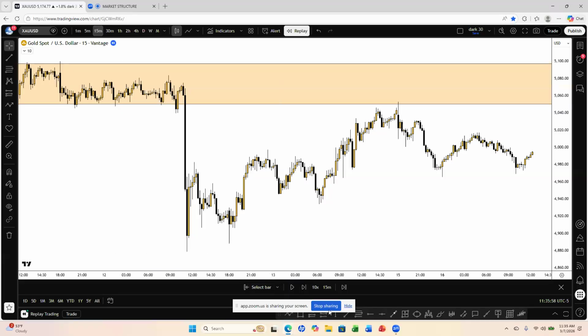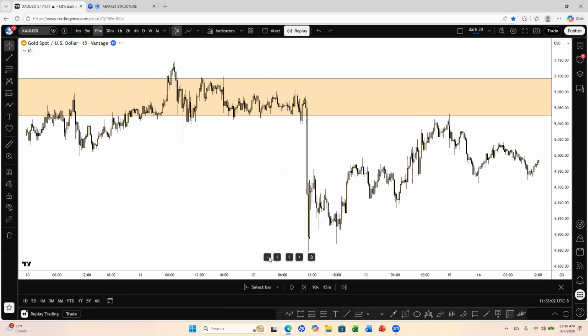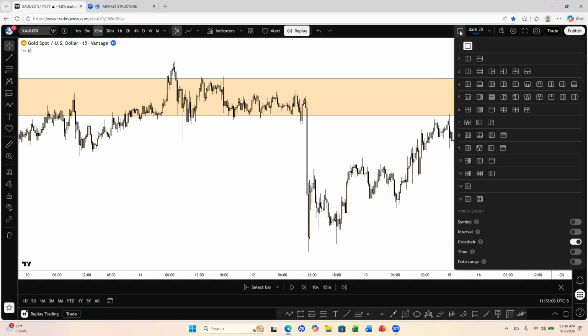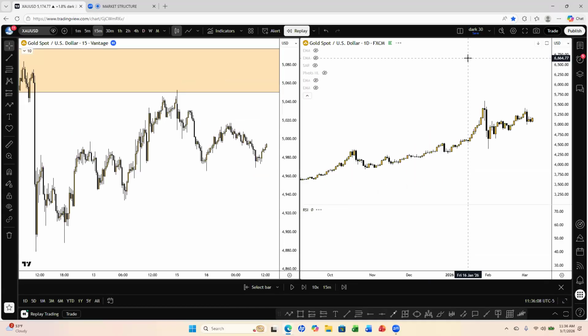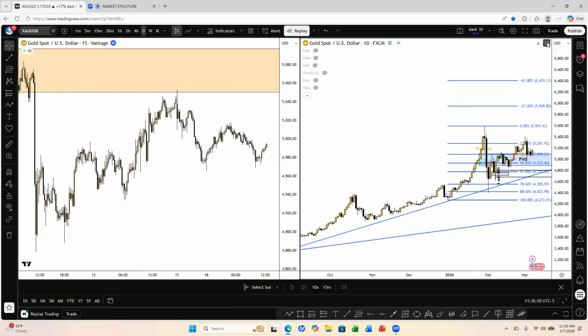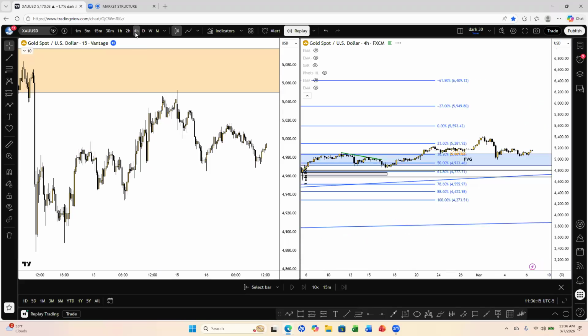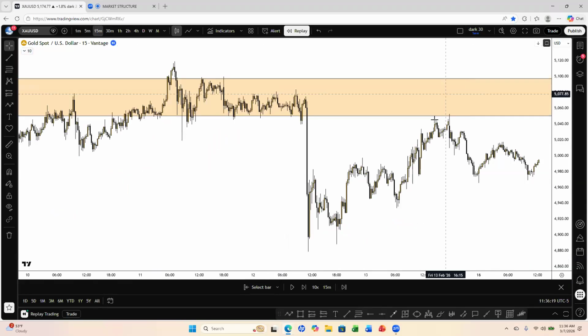God, this thing's in the way. Let me split the screen real fast. When I'm on a 15, I need a 15 and a... Oh hell, that's a different screen. Hold on. I think I gotta go higher.